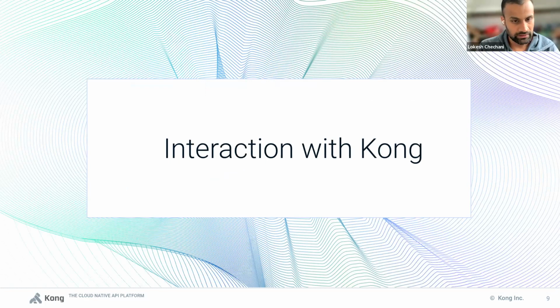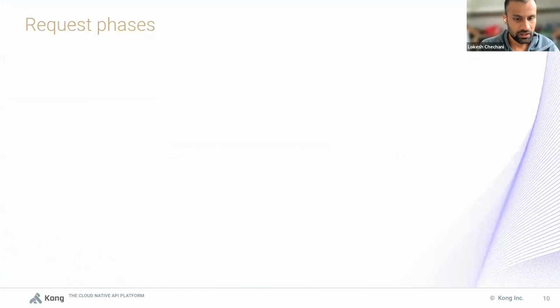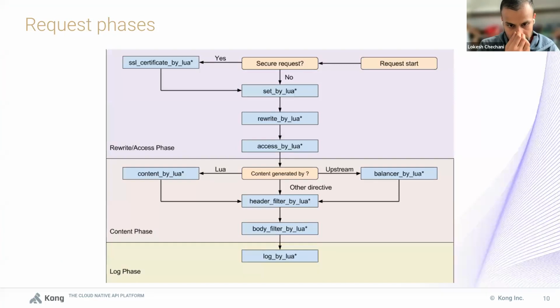Right. So that gives the overall idea of how and what a plugin can do. If we zoom in a bit, how exactly is a plugin hooked up within the runtime? For that, let's understand a bit about Nginx, because that's a very key technology which Kong is based on.